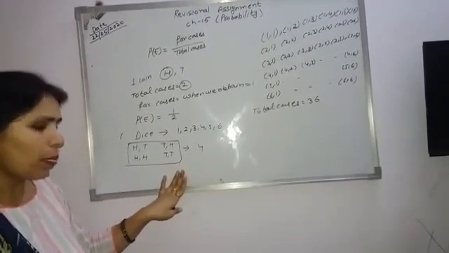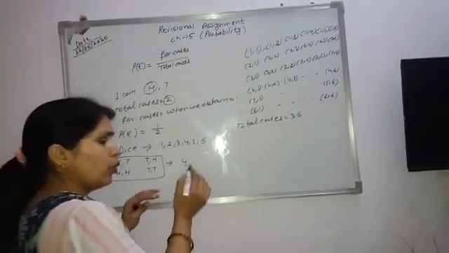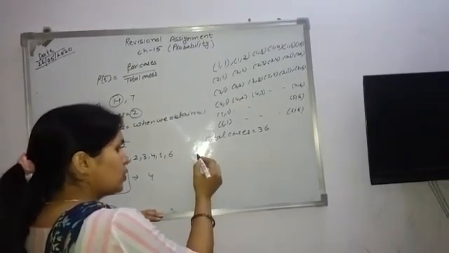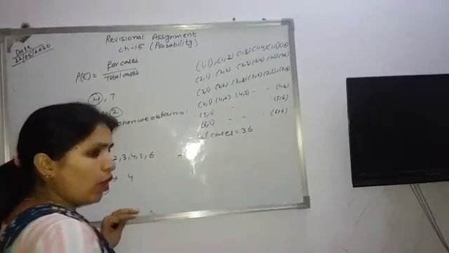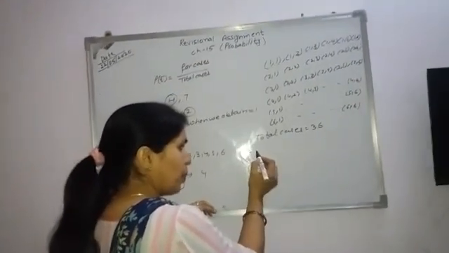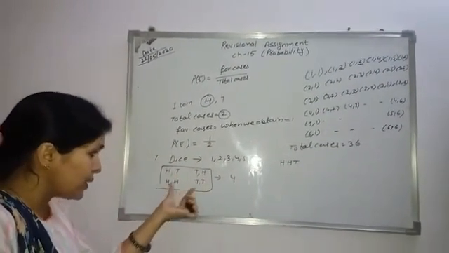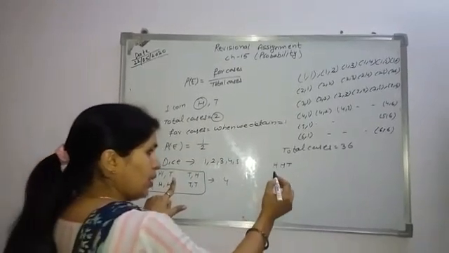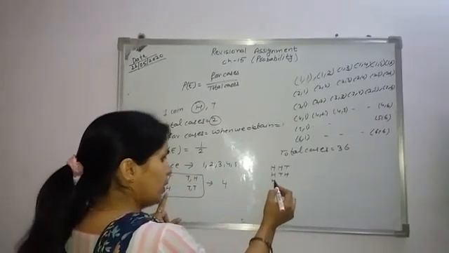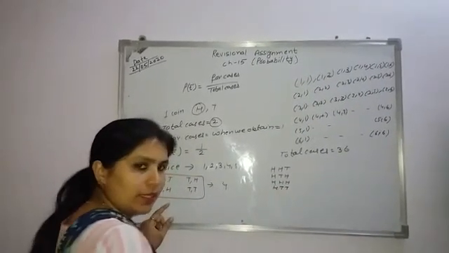Suppose we want to throw three coins at a time. In case of three coins, how many total cases do we have? The first one is head, suppose the second is head and tail. We can discuss all these cases: head head head, head head tail, head tail head, head tail tail.